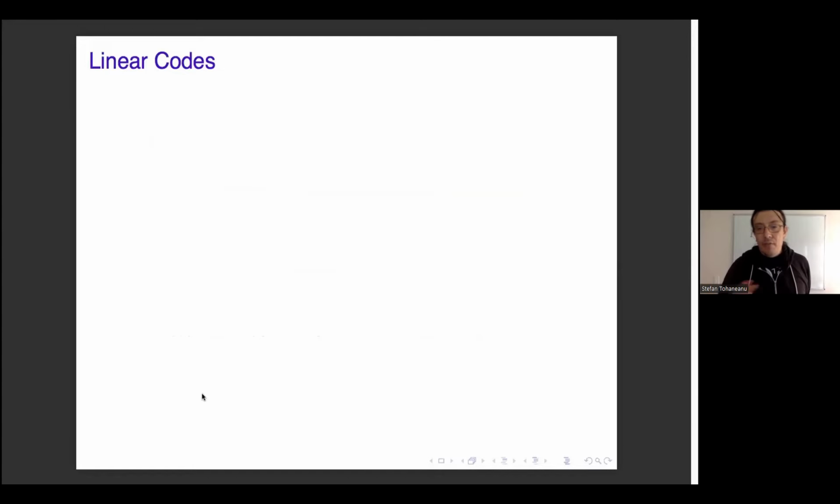So I'll be very brief with this coding theory part, but there are some gadgets that, of course, we will keep in mind as we move along with concepts and the results.